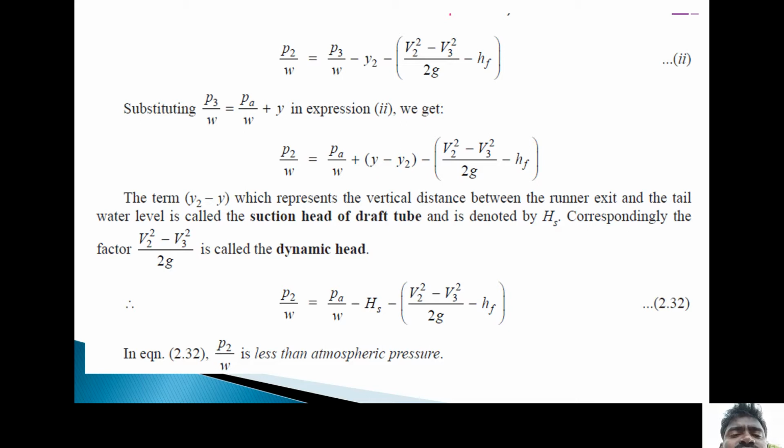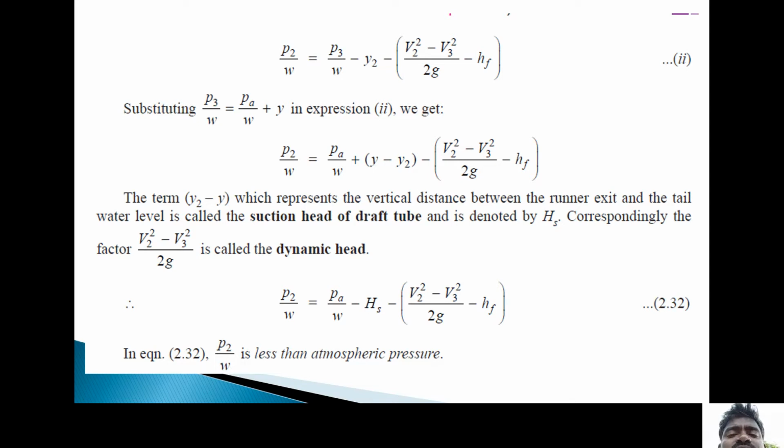The term Y2 minus Y, which represents the vertical distance from the runner exit to the tail water level, is called the suction head of the draft tube. Suction head of the draft tube means Y2 minus Y. It is denoted by HS.